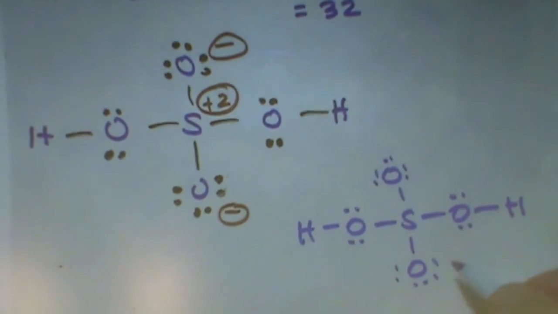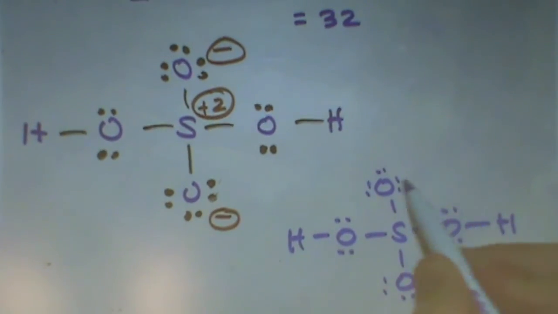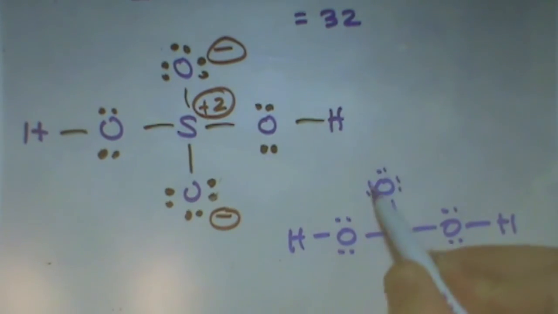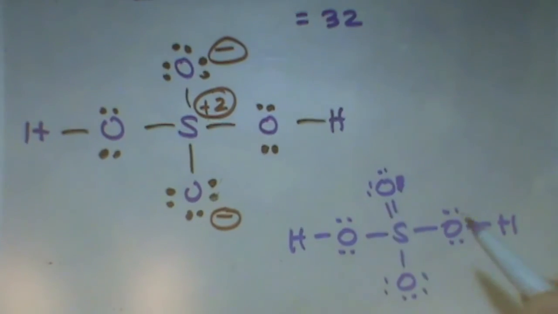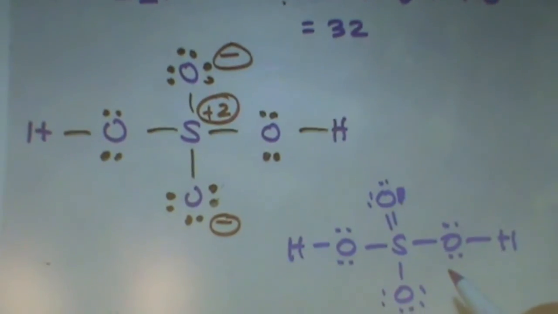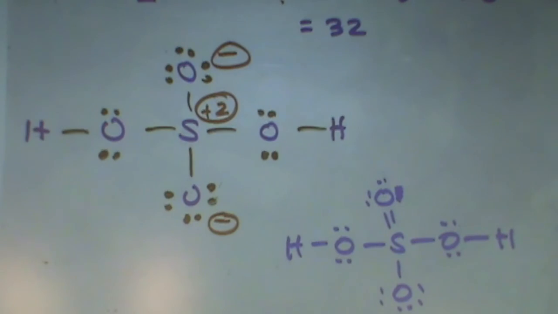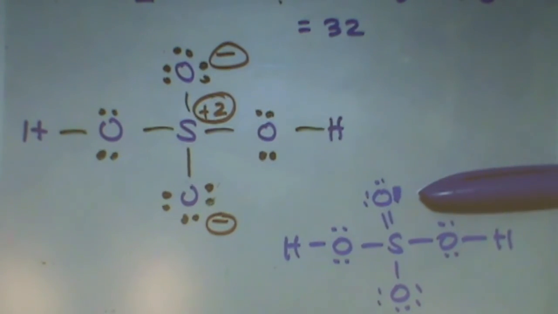Okay, I redrew it. And now what I'm going to do is take 2 of the electrons, any of these 6, any pair, cancel them out 2 at random, and make it a double bond now. Okay, now we take a look at it. What's the formal charge of the oxygen on the top? It would be 0. It's in column 6 and there's 6 things around it.